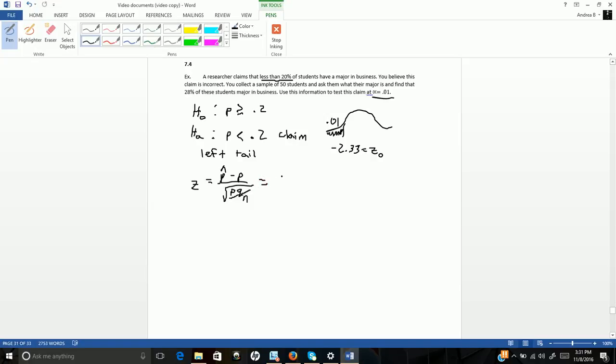So in this case, our P hat, the proportion from our sample, is 0.28, and then our population one is 0.20 or 0.2, all over the square root of, in this case, our P once again is 0.2. And then we have to multiply that times Q. Remember, Q you find by doing 1 minus P. So 1 minus P here, we get 0.8.